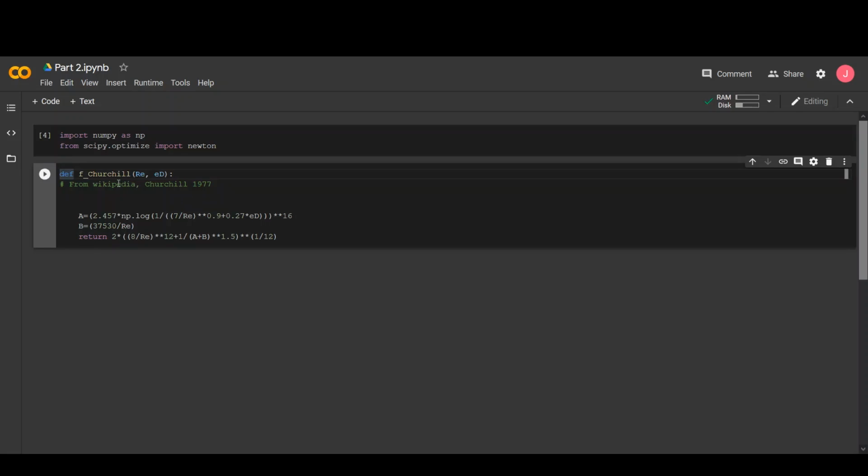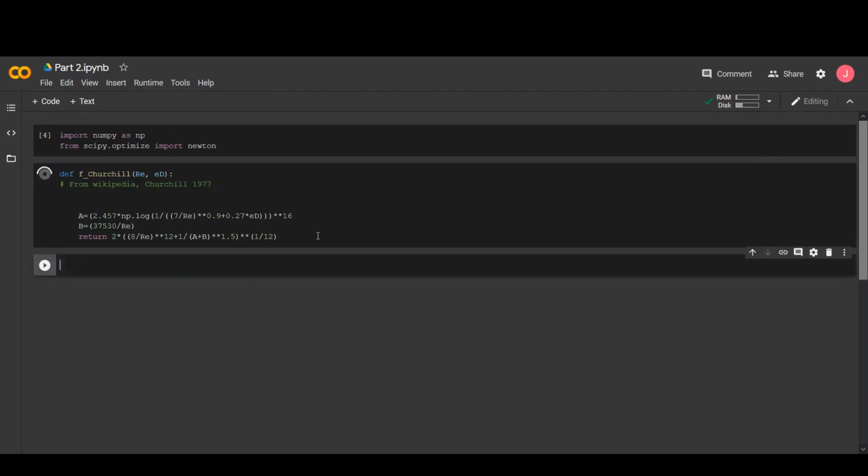So we have a function here, and the required parameters for it are the Reynolds number and this ED, which is our epsilon over D, right? That material property, the roughness of the pipe, and the Reynolds number. So basically, with those two parameters, we can use the Churchill equation to determine the Fanning friction factor. So that's good.